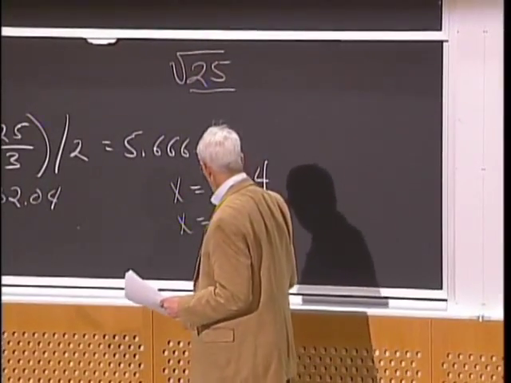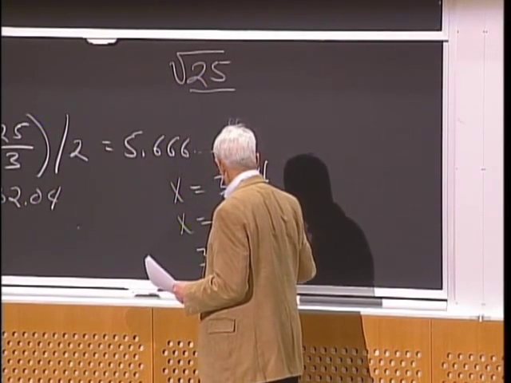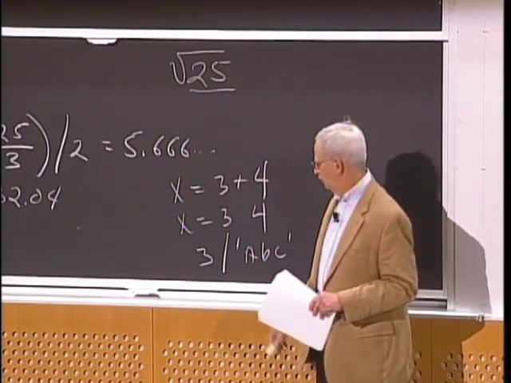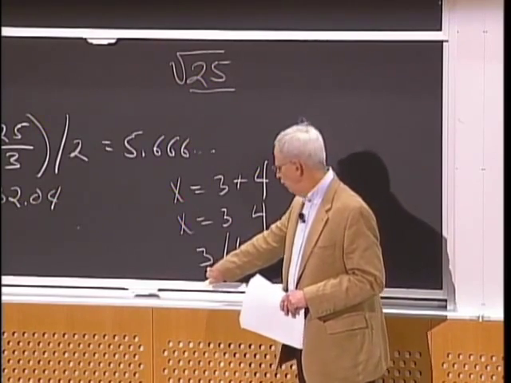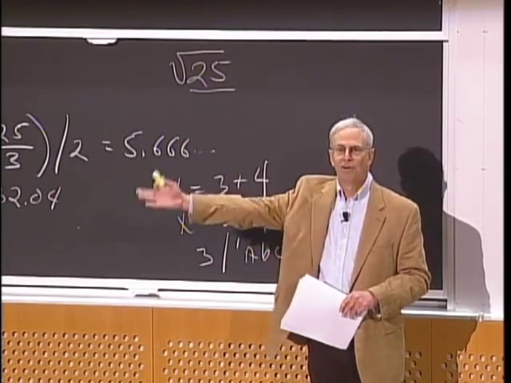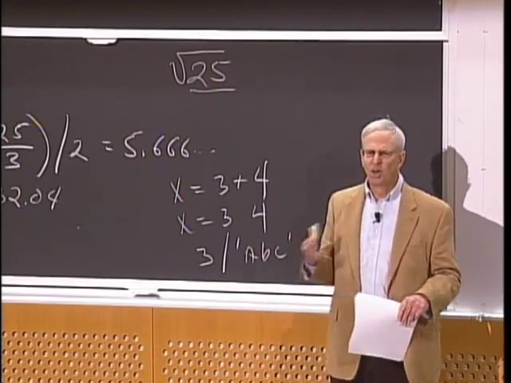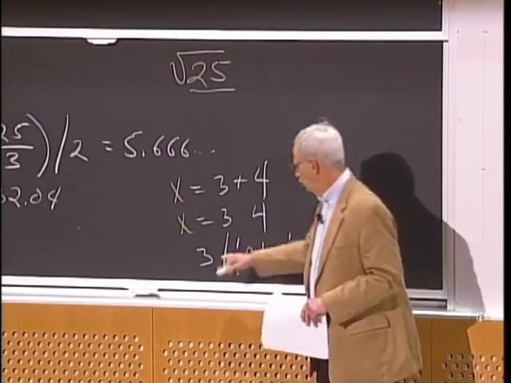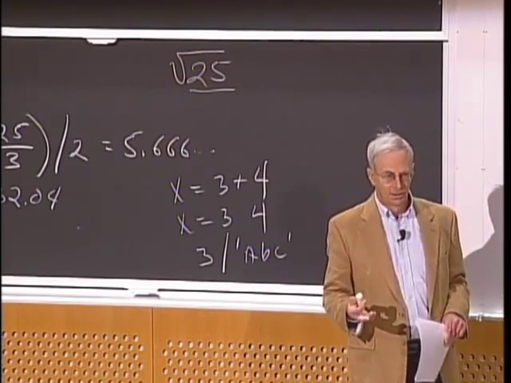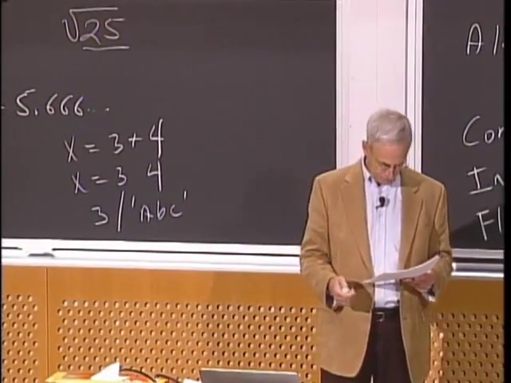So for example, it might tell us that the string 3 divided by the character string ABC is syntactically well-formed because it's value, operator, value, sort of like noun, verb, noun, is syntactically well-formed in English, but it would tell us that there's no real meaning to this. Dividing a number by a string doesn't mean anything. And so you would get an error message saying the syntax is okay, but the static semantics is broken.